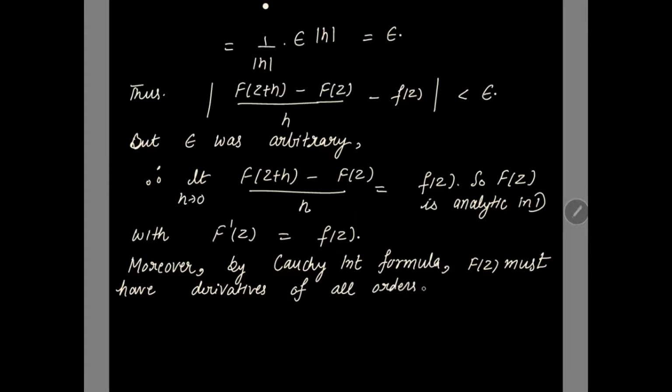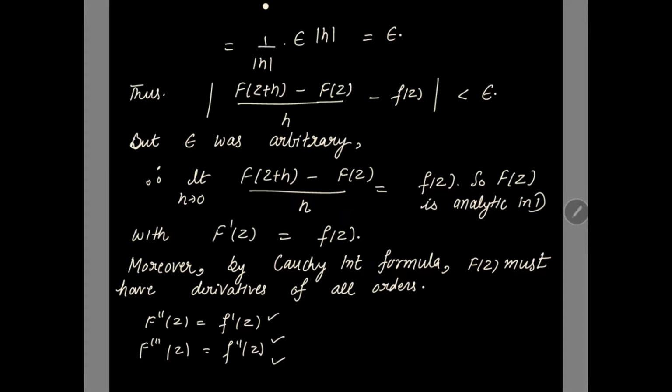That means if f dash z is equal to f z, then we also have f double dash z equal to f dash z, then f triple dash, that is the third derivative, is equal to the second derivative of f z. That means our f z now has derivatives of all orders, right?